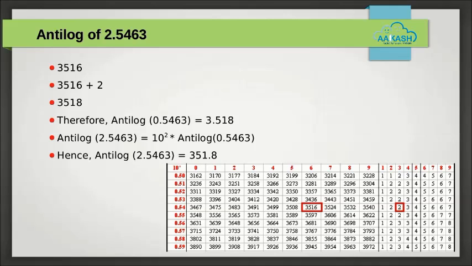Open the antilog table and find the number 0.54 in the first column of the table. Now move to the row of 0.54 and stop at the column number 6, as 6 is the next digit after 0.54 in the given number.